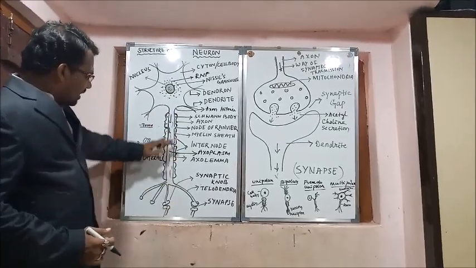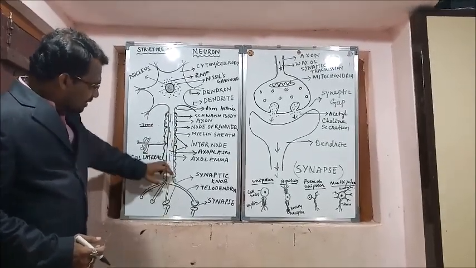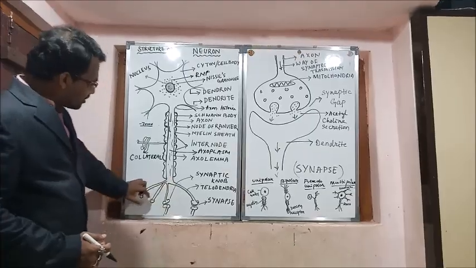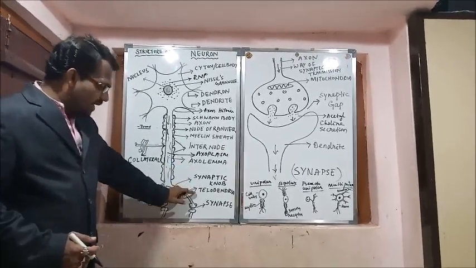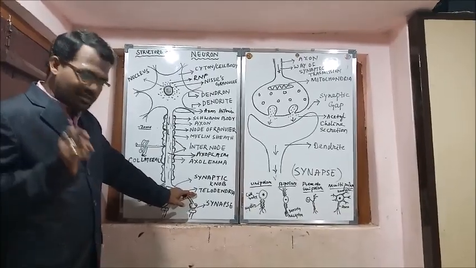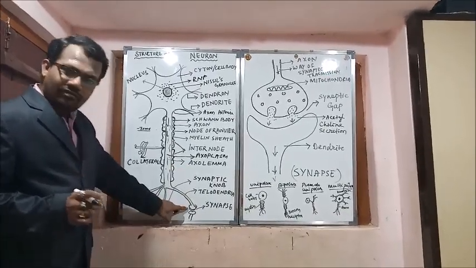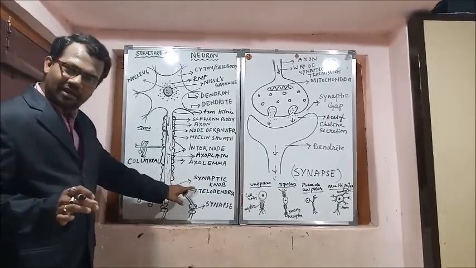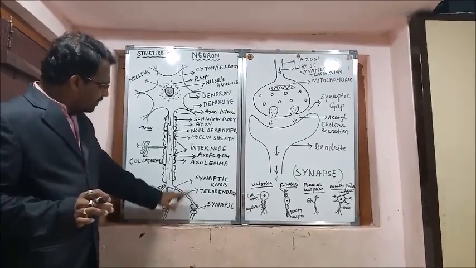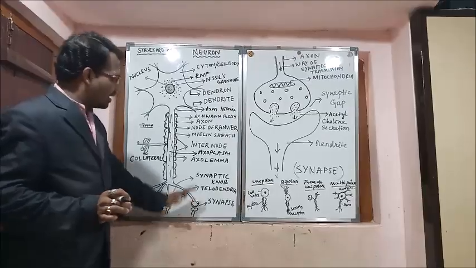This is the middle portion, and if we go to the last portion, we will find branching structures deriving from this axon. These are known as telodendria, and here the button-like structures you can find. This is known as the synaptic knob. Through this, the impulse will transmit to another one.